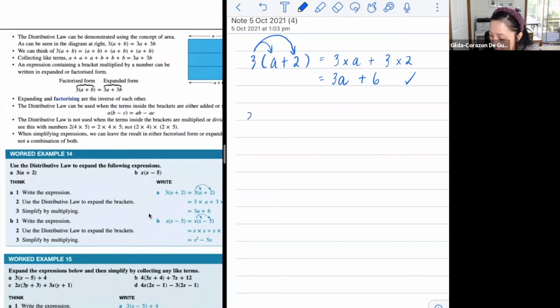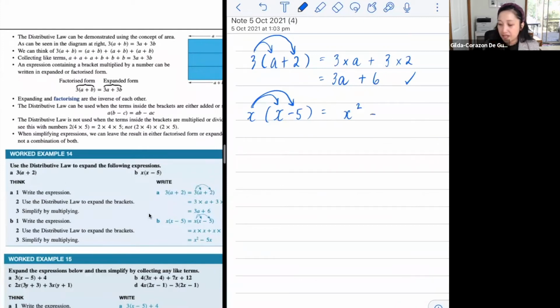Next, we now have a variable outside the brackets, and we want to multiply that by x minus 5, yeah? So now we've got x distributed to x minus 5. So we want to multiply x by x. We learned from multiplication last time that we would just have x squared, right? x times x is x squared.